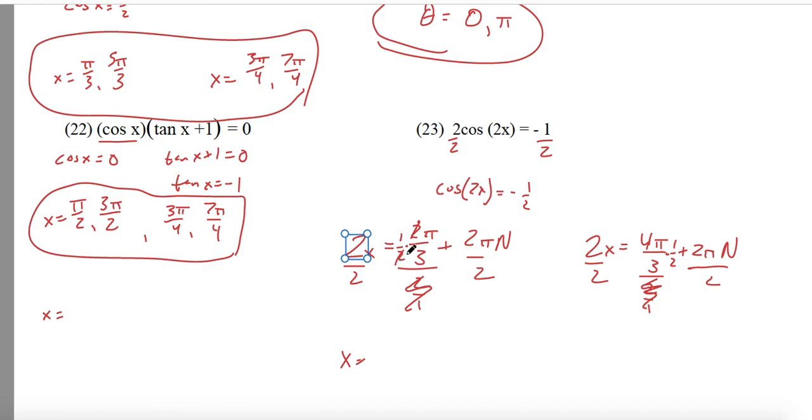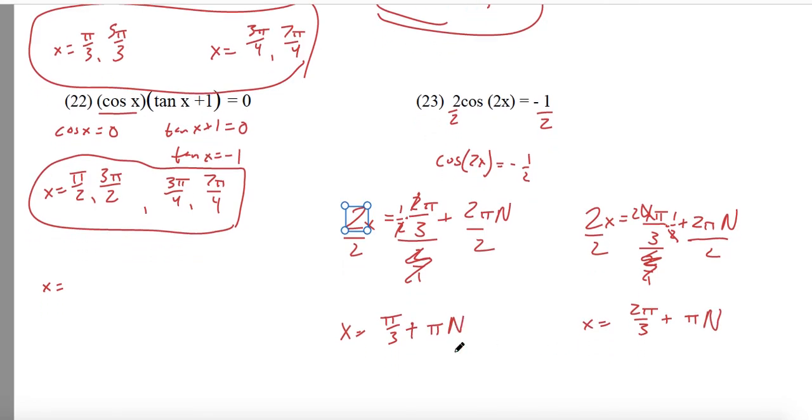So 2 over 2, that's 1, pi over 3. You also could have made it 2 pi over 6 and then reduced it. We've got pi over 3 plus pi n. And then we've got x equals 4 over 2 becomes 2 over 1. So I got 2 pi over 3 plus pi n. So again, those are the general forms of the solution.